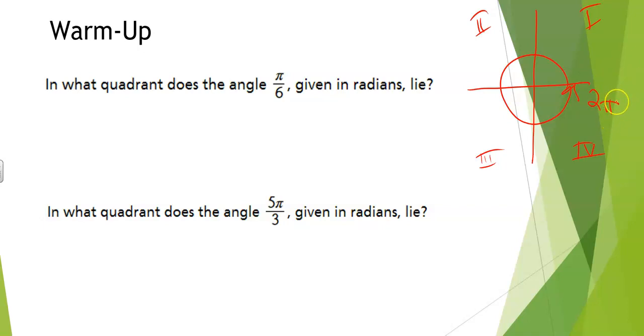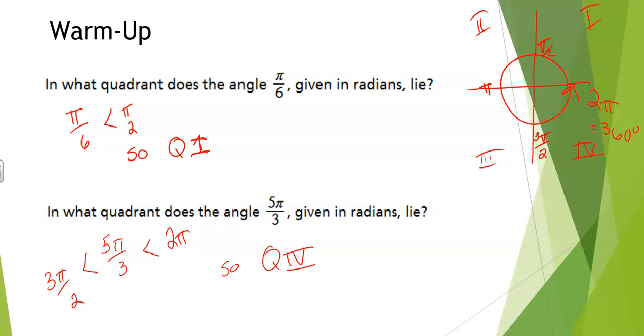So 360 is the same thing as 2 pi. Think about where this would be: pi here, this would be pi over 2, and this would be 3 pi over 2, or 1.5 pi's. Think about that and see if you can answer it, and then I'll come back with the answer.